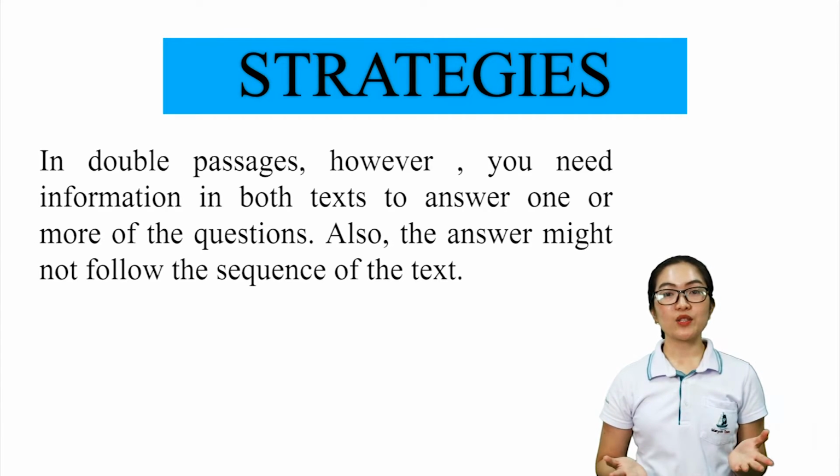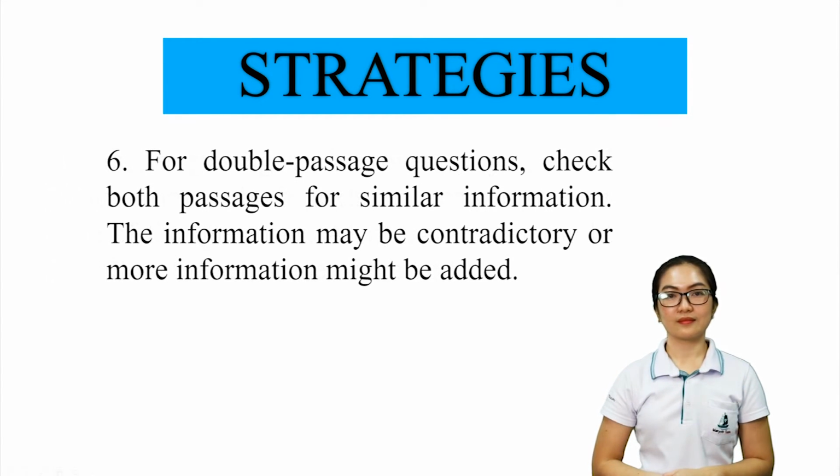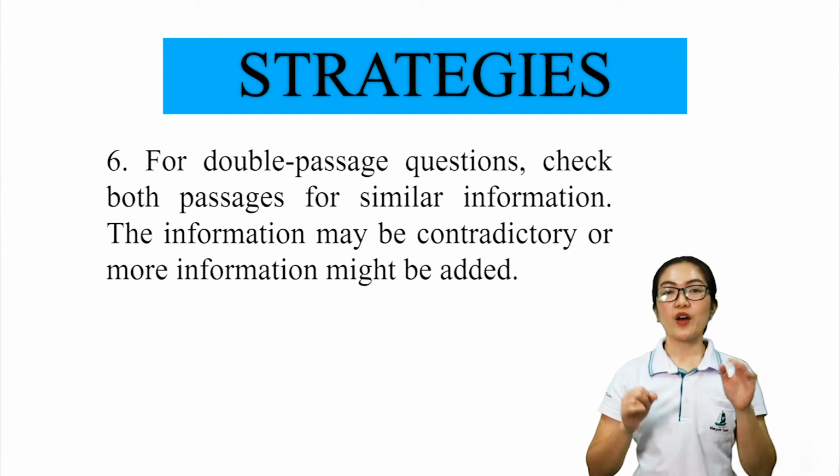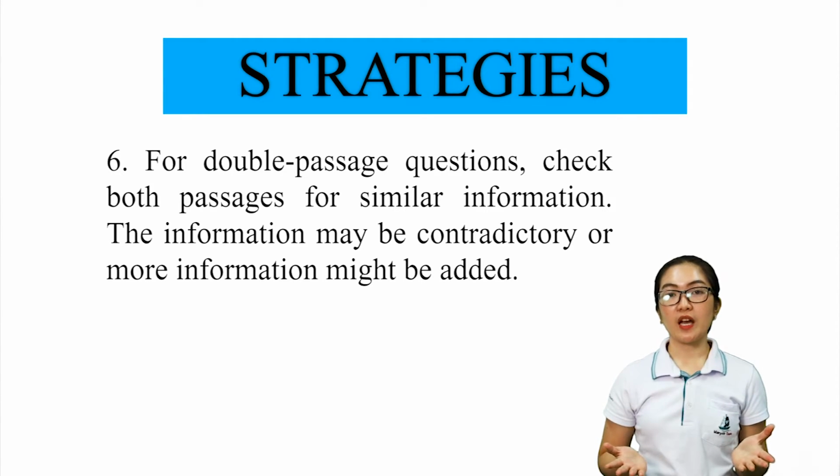Also, the answer might not follow the sequence of the text. Number 6. For double passage questions, check both passages for similar information. The information may be contradictory or more information might be added.